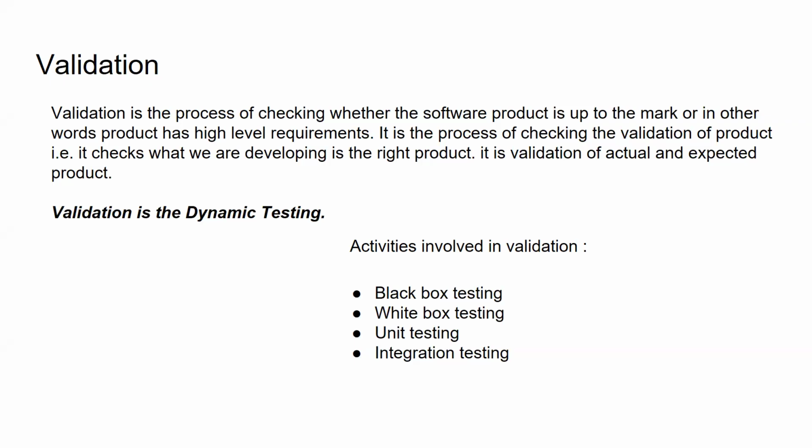We have built the product, but it is not what the customer expected. There's no use. So that's validation, right? Validation means whether the actual and expected product are similar or not. So this is dynamic testing. The activities are black box, white box testing, unit testing, integration testing. I believe these things you guys already went through in the previous sessions as well.